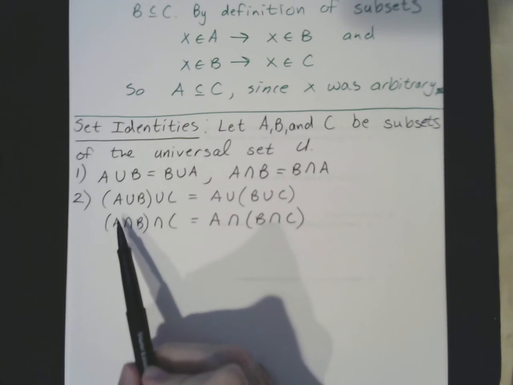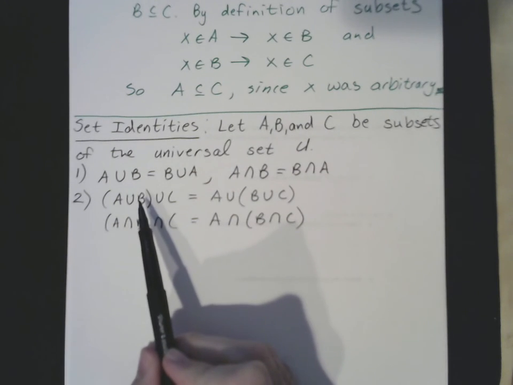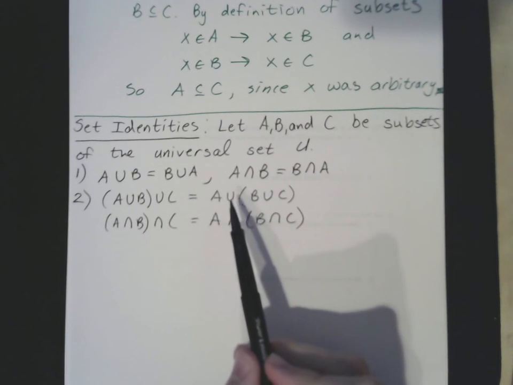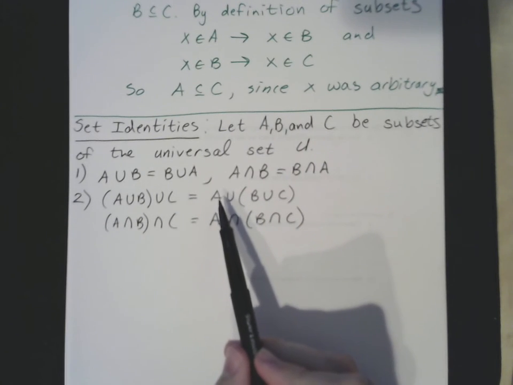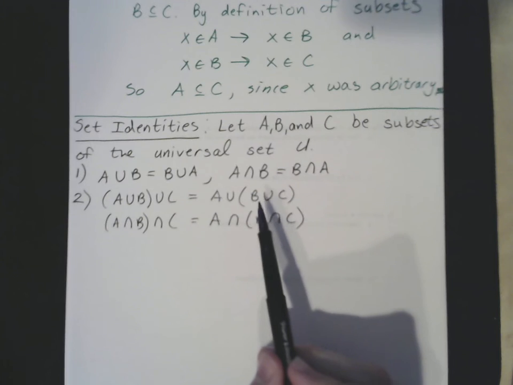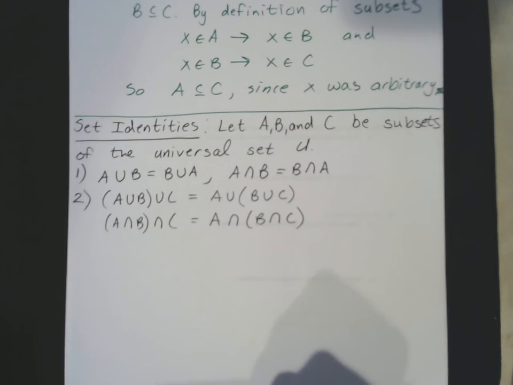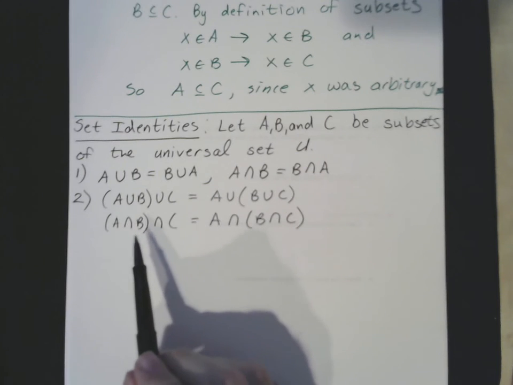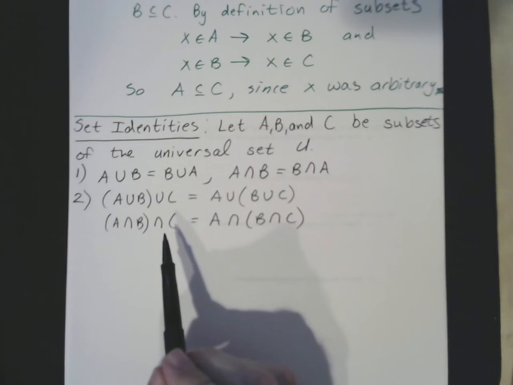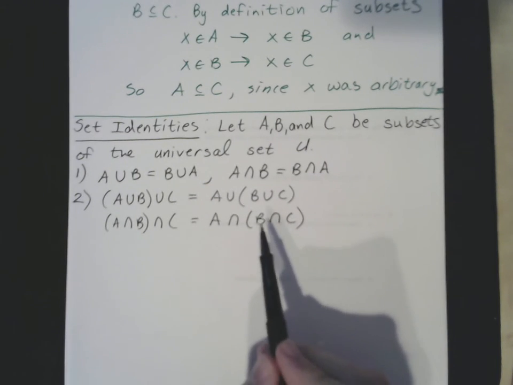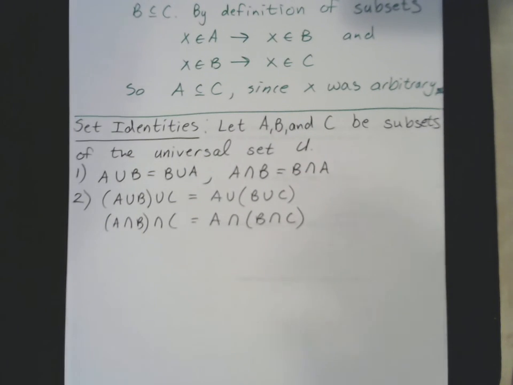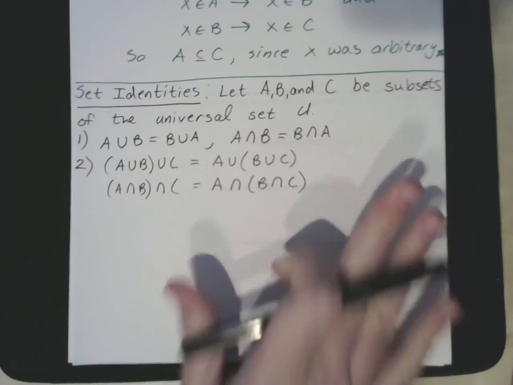If you take everything from A and everything from B, and then you couple all of those things with everything from C, it's the same as taking everything from A and coupling that with everything from B and everything from C. Same thing with the intersection. If you take the things that are just in A and B, and then you intersect those with the things that are in C, that's the same as if you took the things that are just in B and C and intersected them with the things in A. It all works out the same.